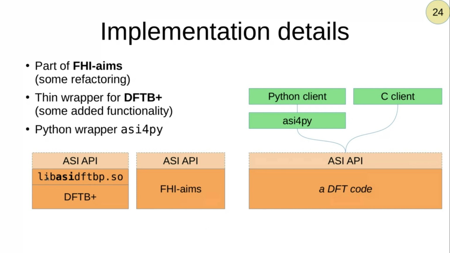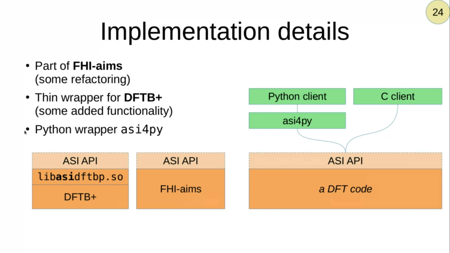And for DFTB+, we added a thin wrapper that essentially reused some interface functions of DFTB+, but of course, we also had to introduce some additional interface functions. It was convenient because of different pace of development, because our project is new and we need to develop it quicker.